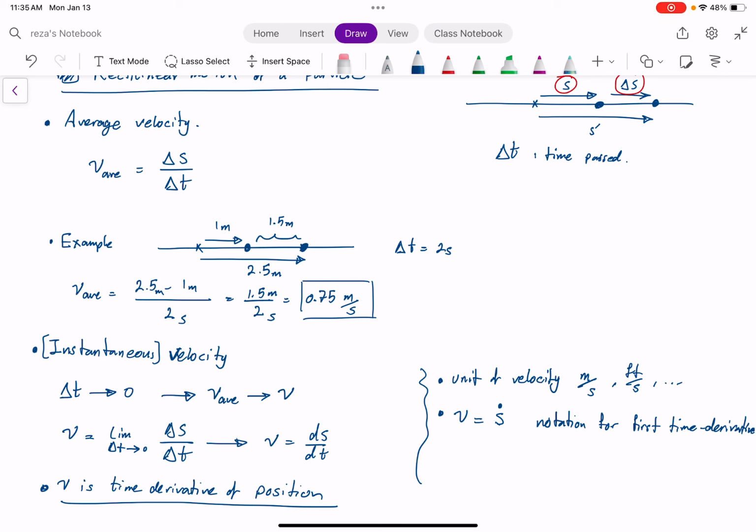We can use this very simple notation to define the time derivative. V equals S dot, S being the position, V is the velocity, instantaneous velocity.